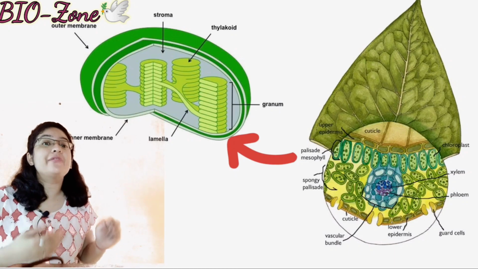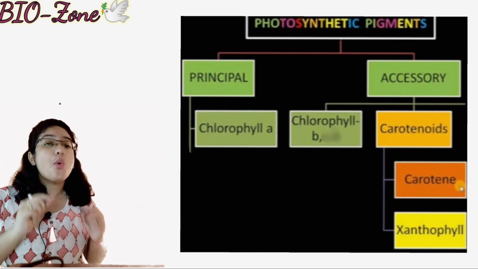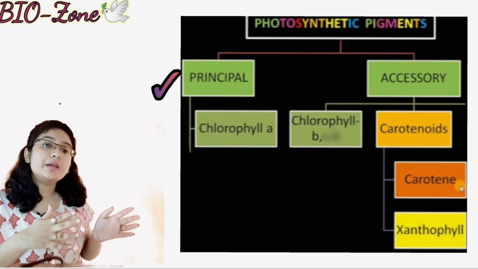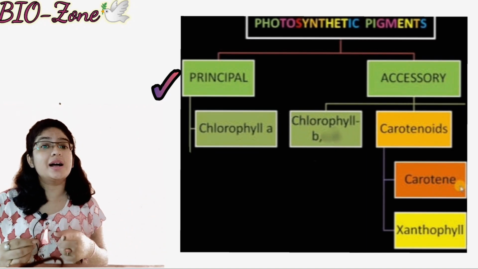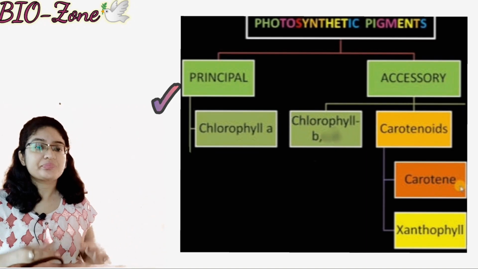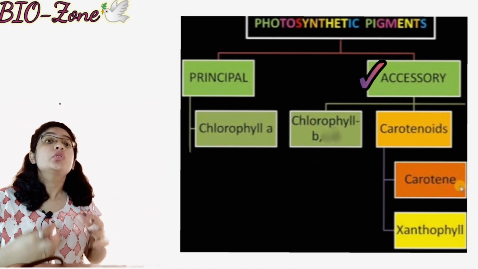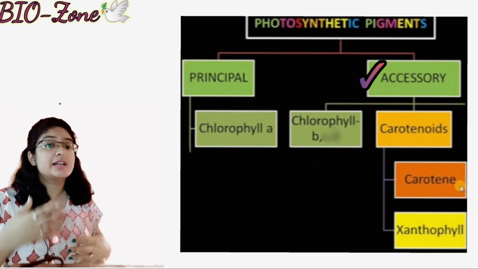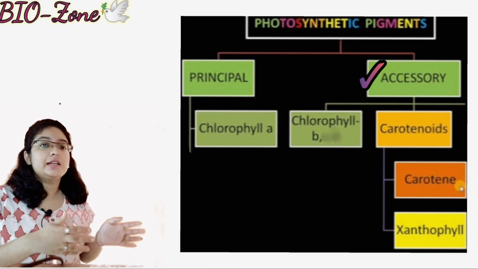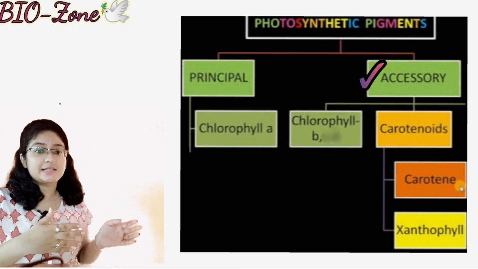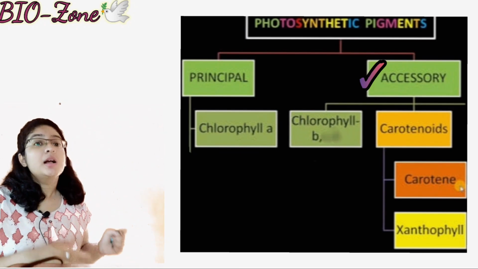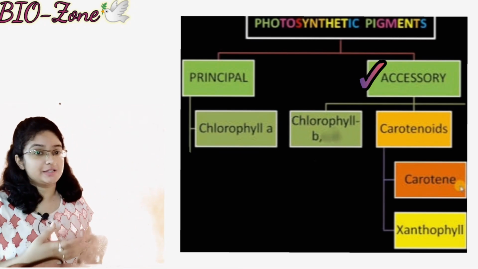Here we have two types of pigments. One is the main pigment, which in plants is chlorophyll A, and the accessory pigments, which help the main pigment to get excited, are generally chlorophyll B, xanthophyll and carotenes.